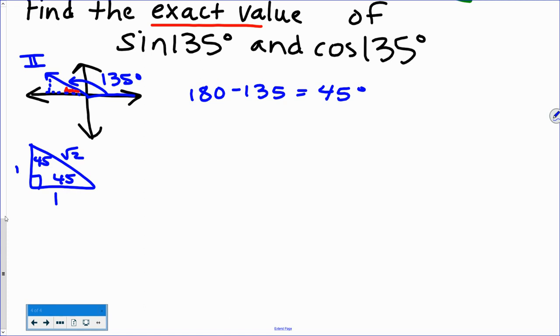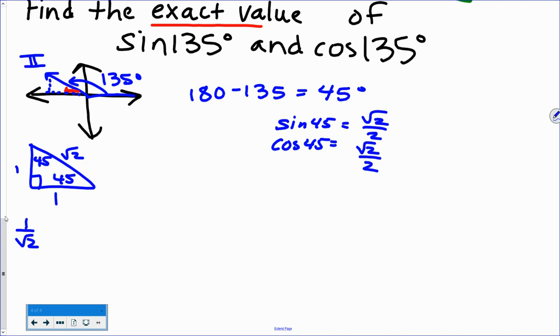All right, so basically I'm looking for what is sine of 45 degrees and what is cosine of 45 degrees, because it's similar to the reference angle. They have the same values, except there's something we got to pay attention to with location. All right, so that would be, for sine and cosine, 1 over the square root of 2, which is the square root of 2 over 2.